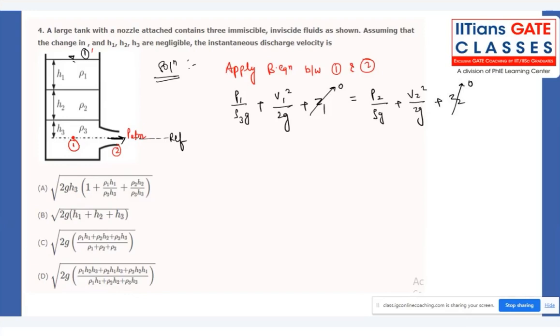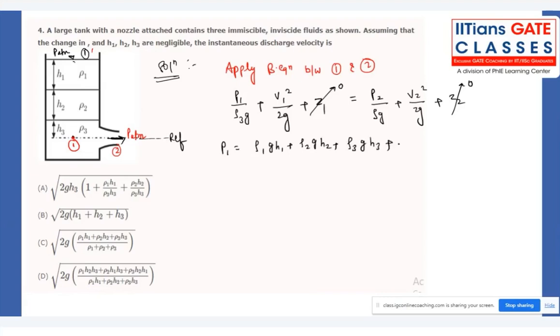What is the pressure P1 at point number 1 by the hydrostatic law? P1 will be rho 1 g h1 plus rho 2 g h2 plus rho 3 g h3 plus P atm.